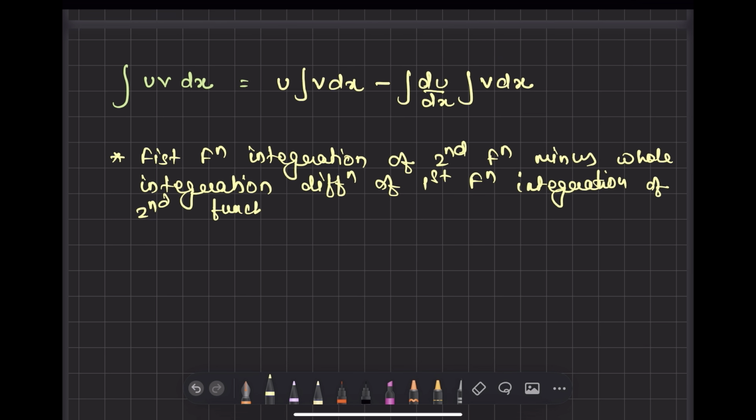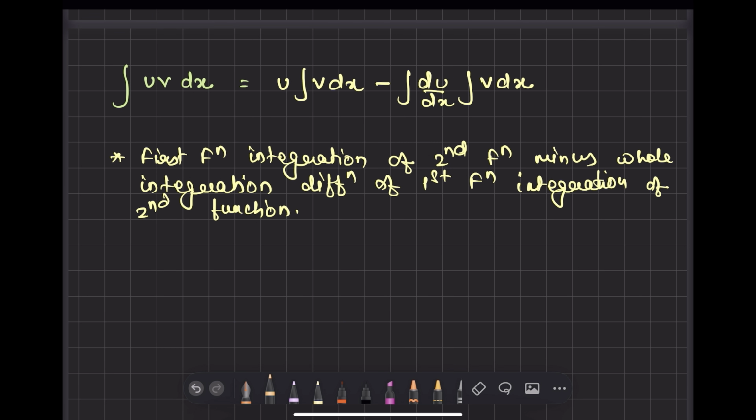Okay, so this statement you have to repeat n number of times. So it is first function, integration of second function, minus whole integration, differentiation of first function, integration of second function. So this you have to memorize.